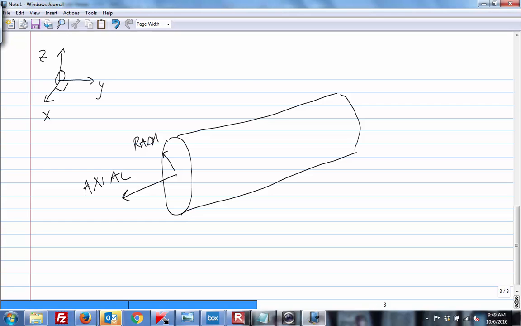Radial. So just think of it as along one of the radii of the turbine or the cylinder. And then you have this other one, and I'm going to draw it here. This is the tangential or circumferential.